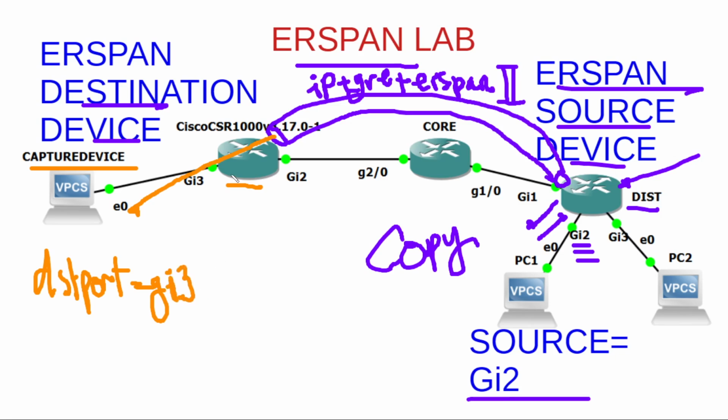Now, an important note here, for this lab, the destination device is going to be running IOS XE 3.17. I have found that this IOS XE is successful at de-encapsulating ERSPAN traffic.